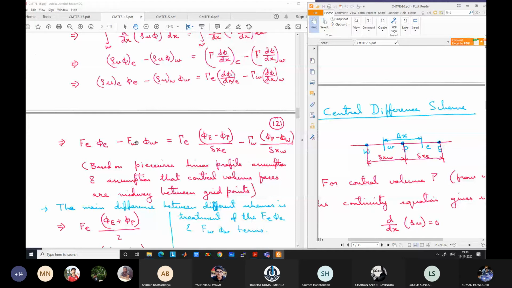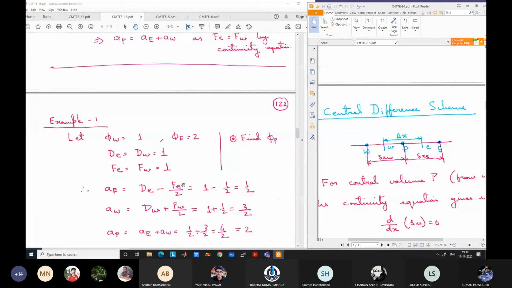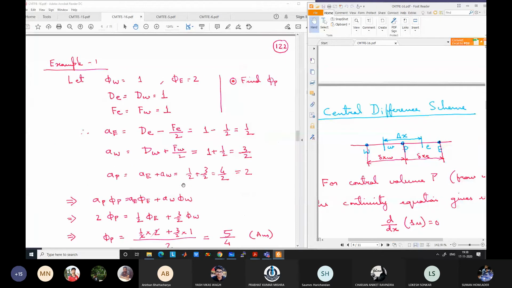Any questions up to this point? This is the simplest scheme. Just if you don't know anything also, just by using common sense, you can derive the scheme. If somebody asks you to derive a CFD scheme for convection diffusion, if you can draw this discretized diagram, you will be able to derive the scheme without knowing anything.